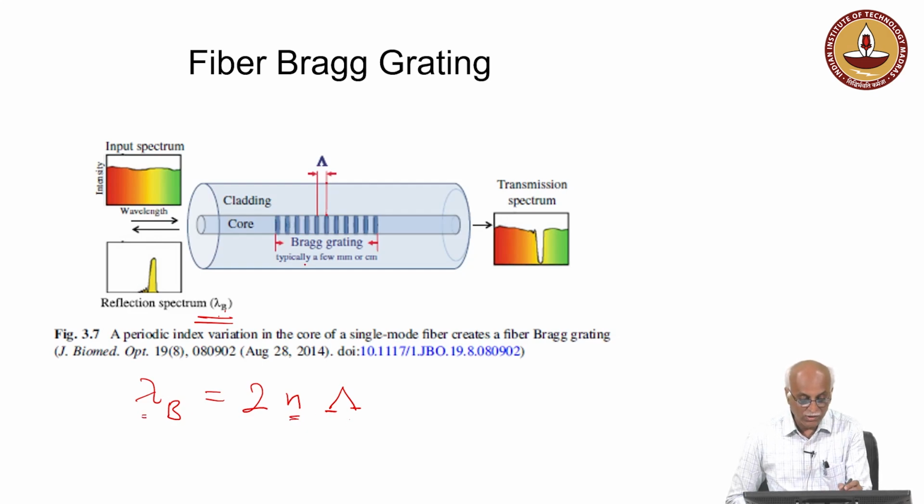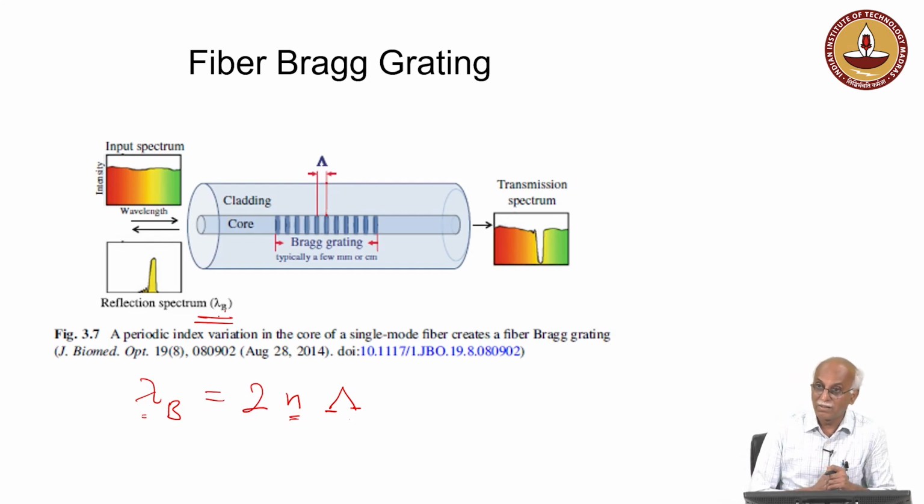And now what is the use of this fiber Bragg grating? We can make use of this type of structure to sense something. Basically, what are the parameters that it can sense very easily? The first one is temperature. It can easily sense temperature, because if there is a temperature change surrounding this grating or fiber, the grating period will change due to thermal expansion or contraction.